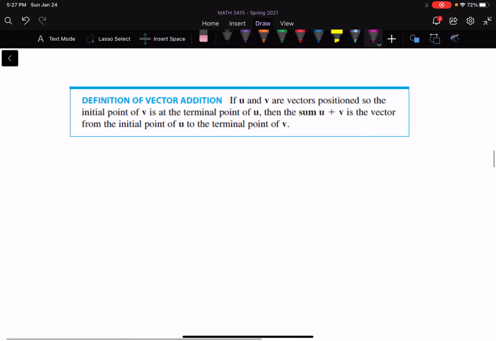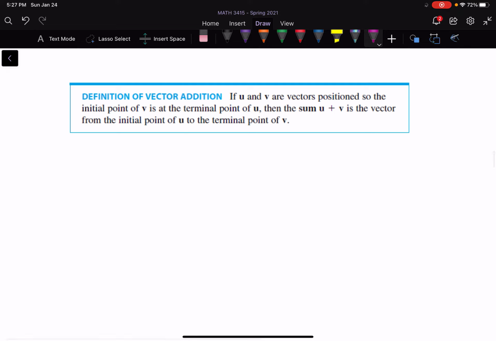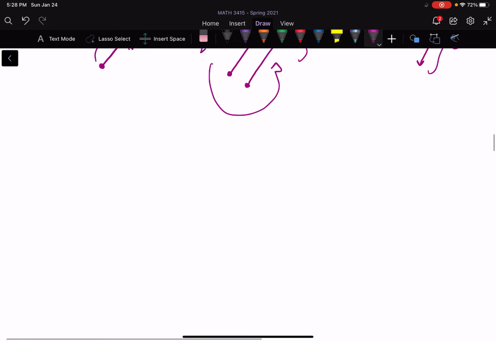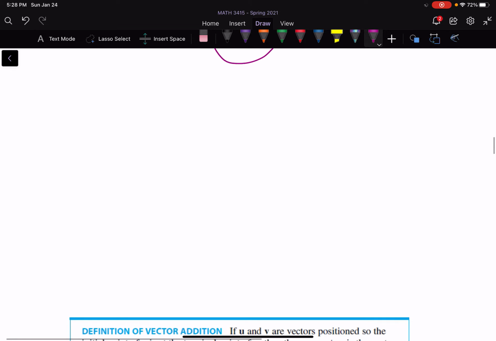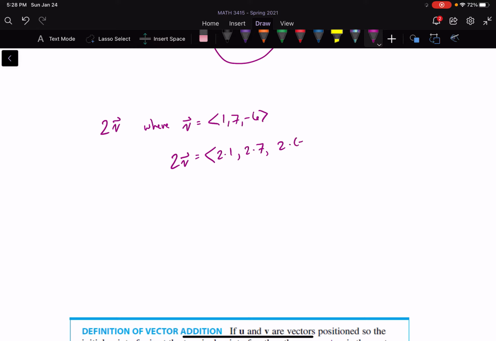Okay, so next is vector addition. And the way this works is you just add the components. Up here, maybe I should actually do a more concrete example. If I were going to do 2 times v, where v is the vector 1, 7, -6, then 2v is going to be 2 times 1, comma 2 times 7, comma 2 times -6.